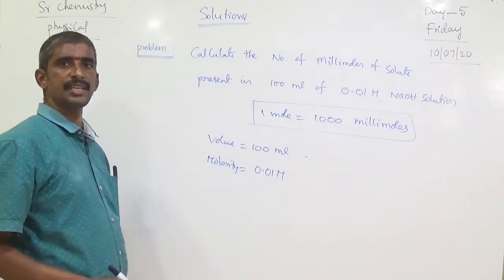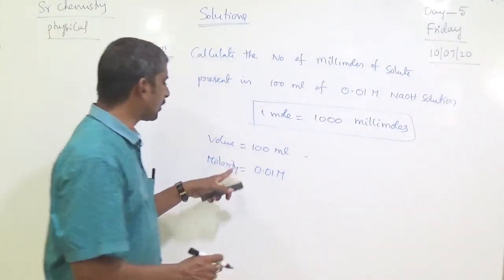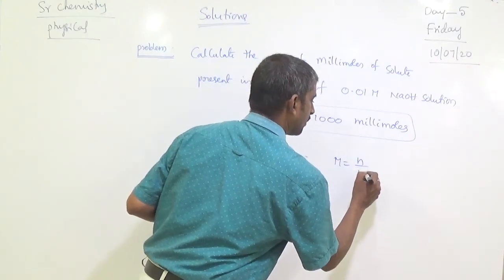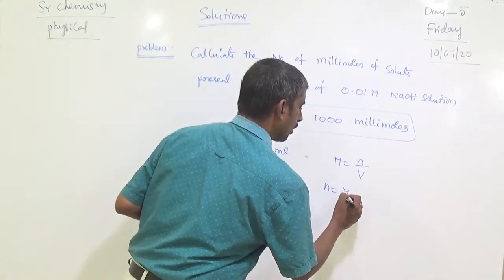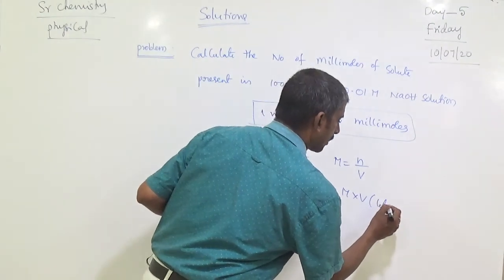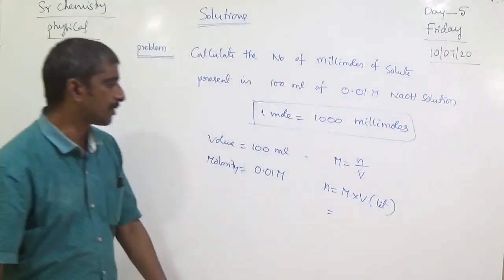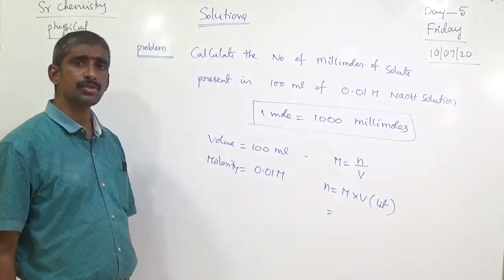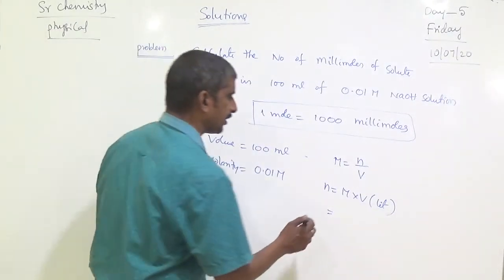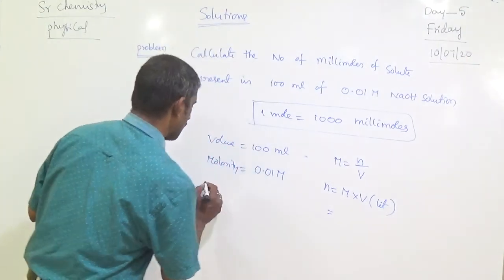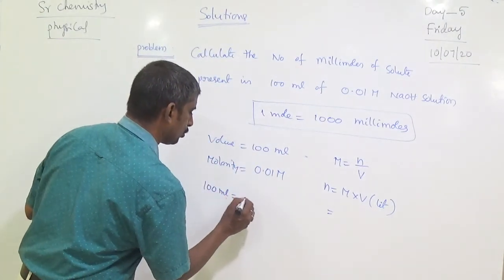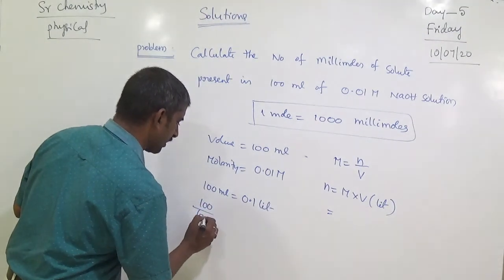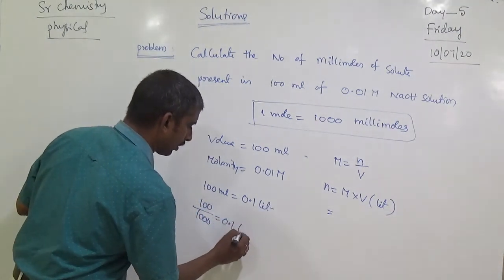We know volume and molarity. How can we calculate the number of moles? One formula: molarity equals N by V, so N equals molarity into volume. In this case volume must be in liters. 100 ml means how many liters? 100 by 1000, that equals 0.1 liters.